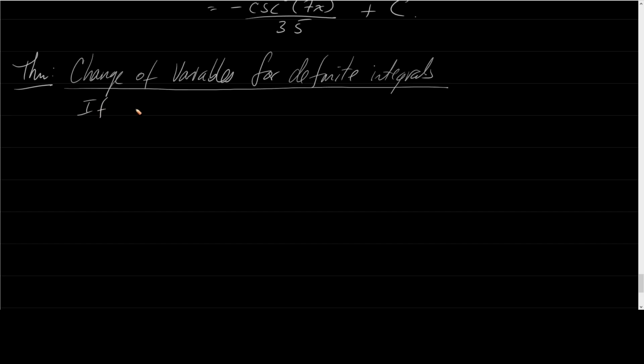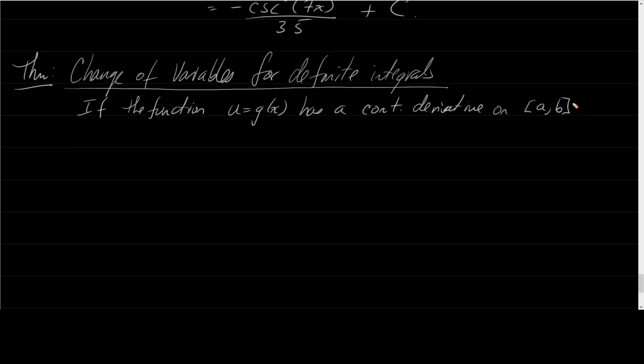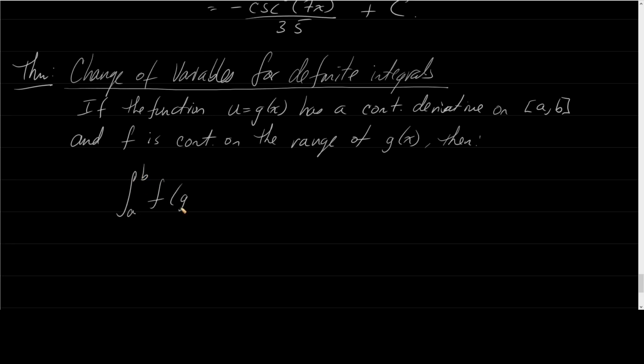If the function u equals g of x has a continuous derivative on the closed interval [a, b], and f is continuous on the range of g of x, then the integral from a to b of f of g of x times g prime of x dx would be the integral from g of a to g of b of f of u du.